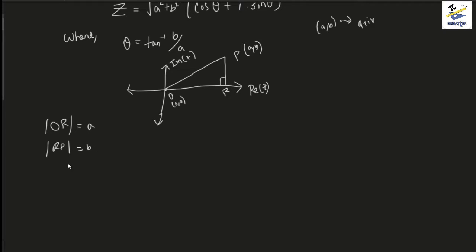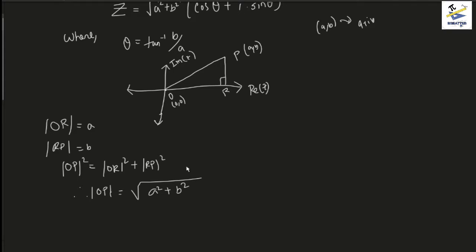So it seems that OP's length by the Pythagoras theorem should be OP squared equals OR squared plus RP squared. So therefore OP should be root over a squared plus b squared.